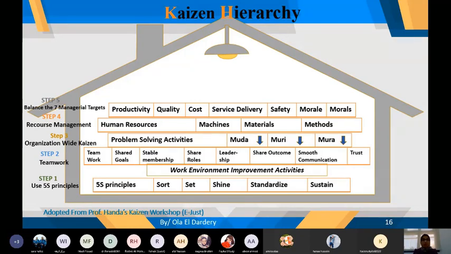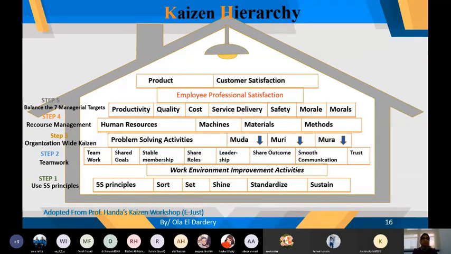Those targets and what they depend on, those are the 7 targets that any management system in any organization would want to achieve. After that, we have the employee professional satisfaction, the product reaching the customer, whether this product is in material form, or this product is a service. And we have customer satisfaction.